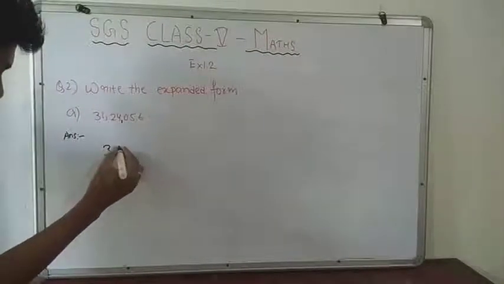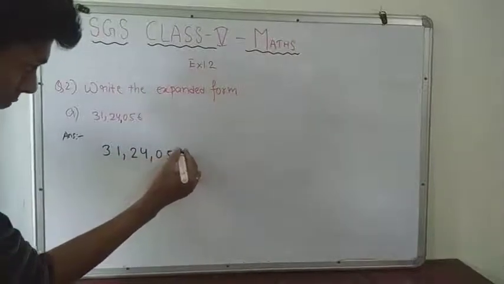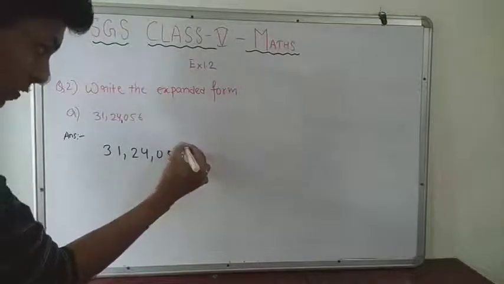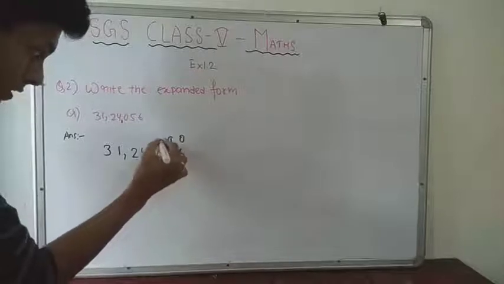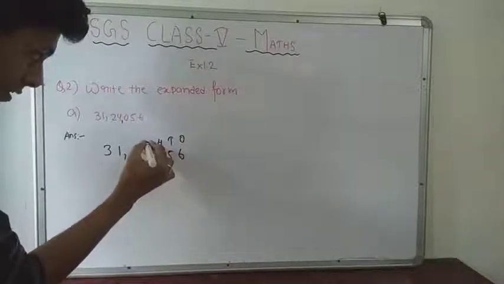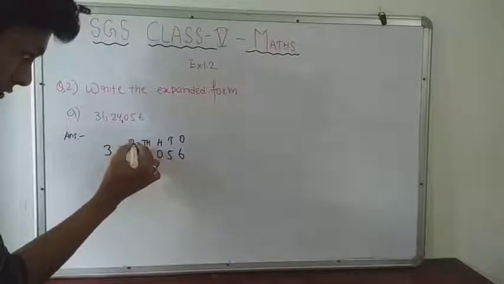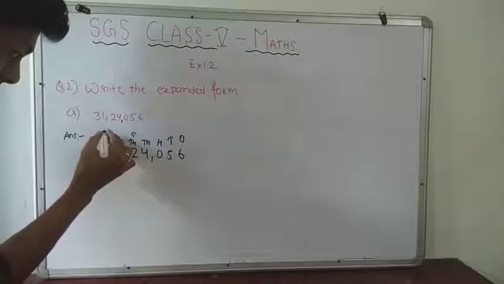First we write these digits according to the number and place the digits with their place value names. That is, 6 comes under ones, then tens, 100, 1000, 10,000, lakh, and 10 lakh.